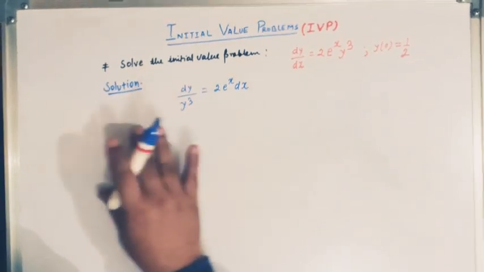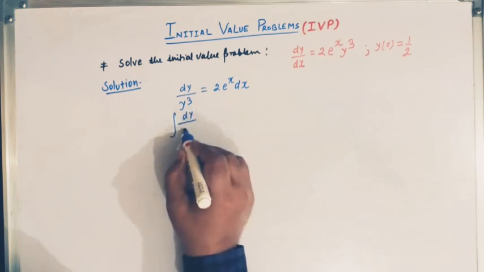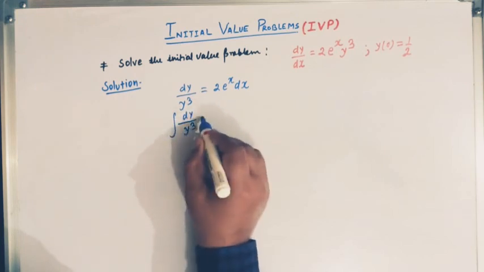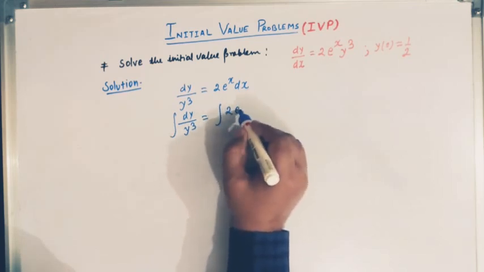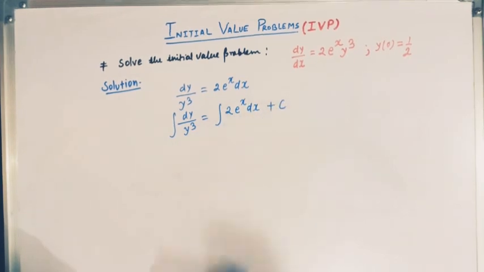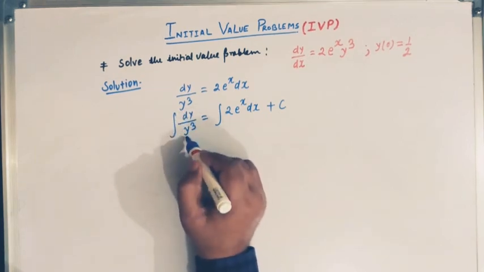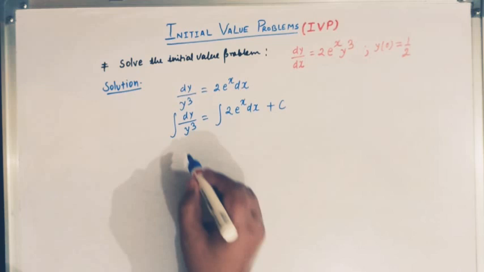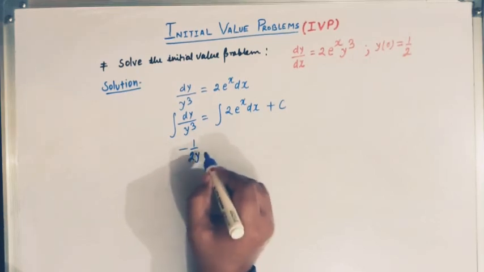Now integrating both sides, we have the integral of 1 over y cube dy equal to the integral of 2 times e raised to x dx, and c is the constant of integration. Now the integral of 1 over y cube is minus half y square.